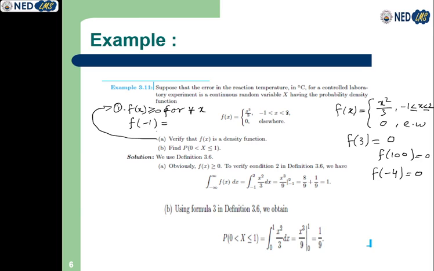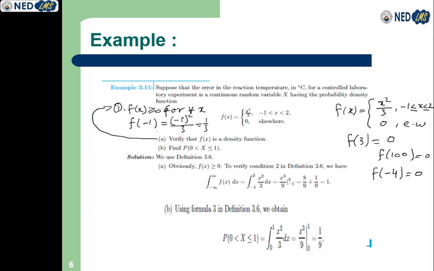Student, these are the lower and upper limits of this interval. So find the image at the lower limit and the image at the upper limit. So at the lower limit, x equal to -1, put x equal to -1 over here. So -1 squared divided by 3, which is equal to 1 upon 3. This is the image at x equal to -1.